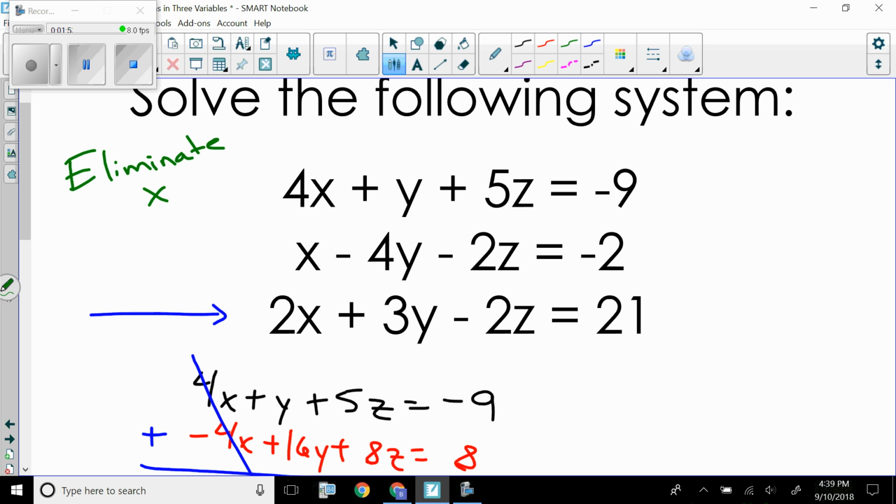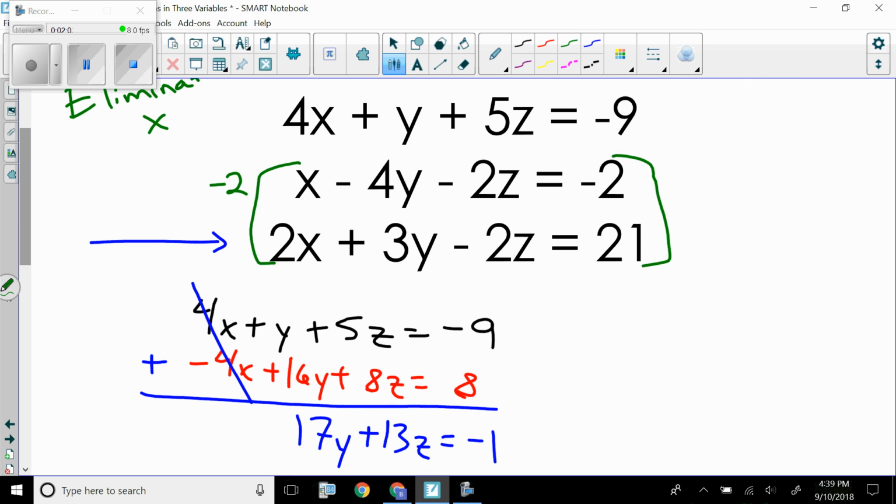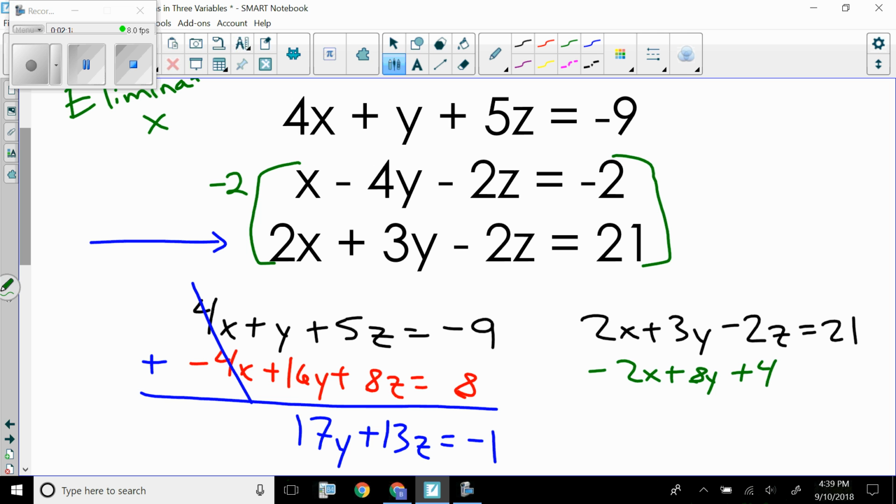When I see it, I still think the second one looks really easy to work with. If I made this a -2 and multiplied it times the top one there, I think it'd be rather easy. Again, though, the bottom one I don't have to change at all. So, I write that, but then the top one becomes -2x plus 8y plus 4z equals 4.